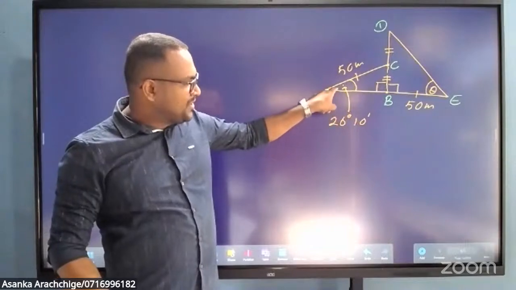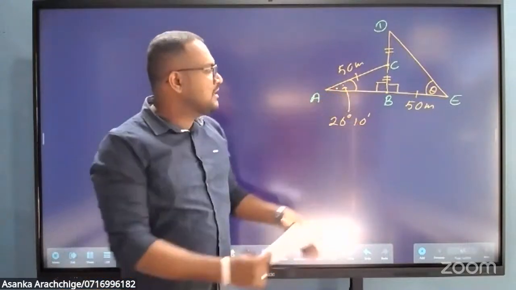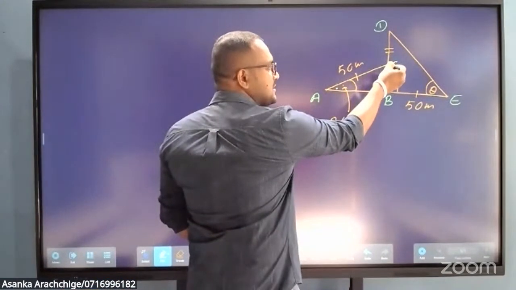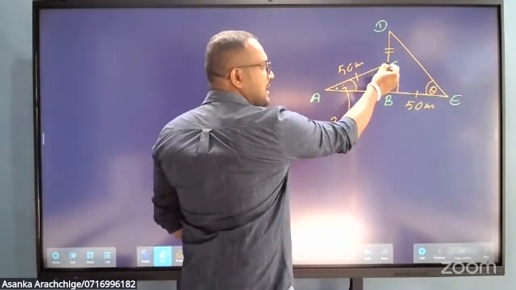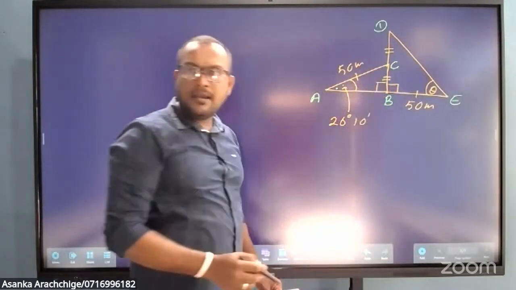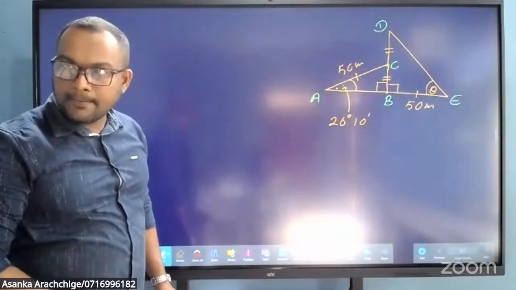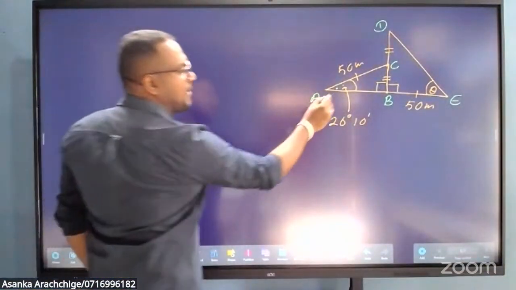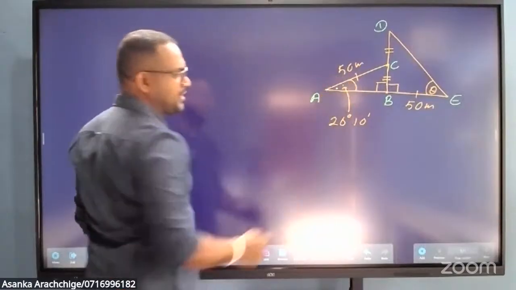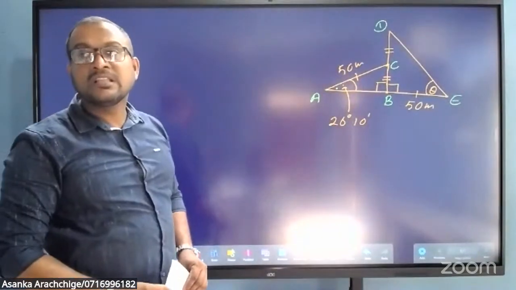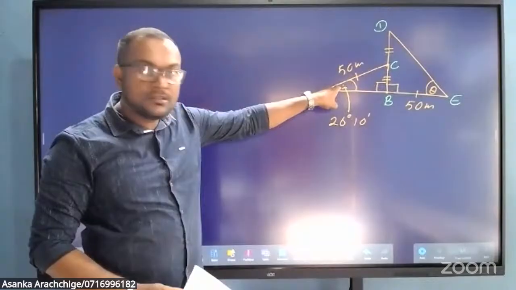Right? With respect to this angle, BC is the opposite side and AC is the hypotenuse. Then from the opposite side and hypotenuse, we can get the side ratio of this angle.